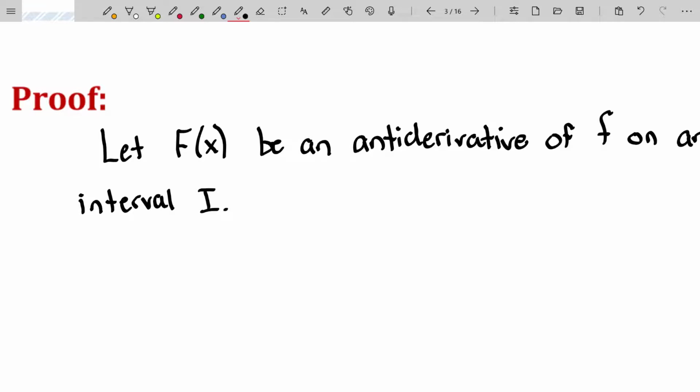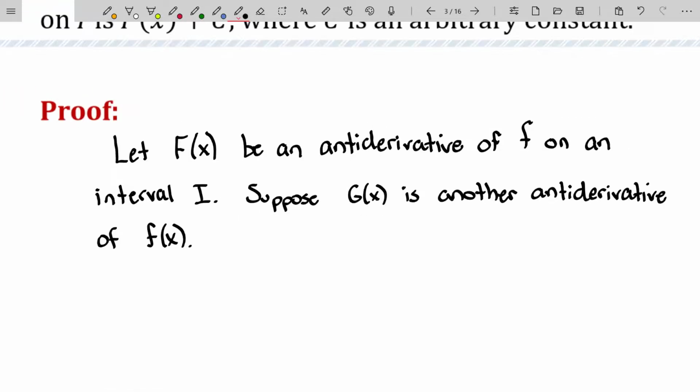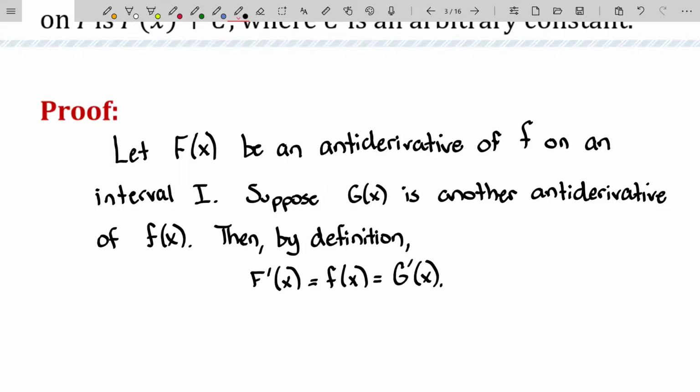So suppose that capital G of x is another antiderivative. Well, then by definition, capital F prime and capital G prime both equal little f of x. So therefore, capital F prime must equal capital G prime.